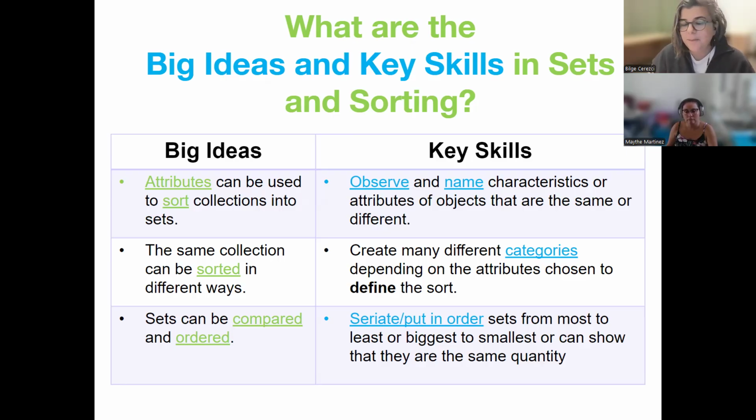And sets can be compared and ordered, meaning that, oh, this group has more, this group has less. The groups that you created can further be compared to one another and ordered if necessary, from biggest to smallest, or tallest to shortest, whatever you are sorting.